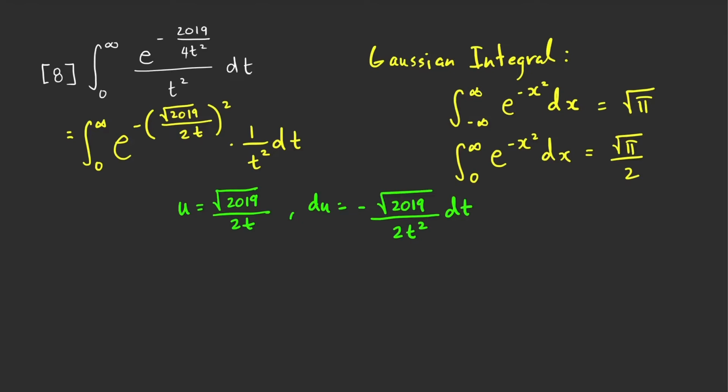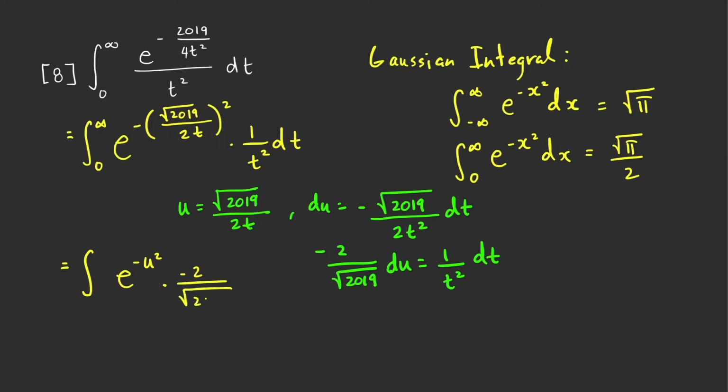So that is the du in this case. Therefore, negative 2 over square root of 2019 times du is equal to 1 over t squared dt. So we can write our integral as the integral of e raised to negative u squared times 1 over t squared dt, which becomes negative 2 over square root of 2019 and then du.